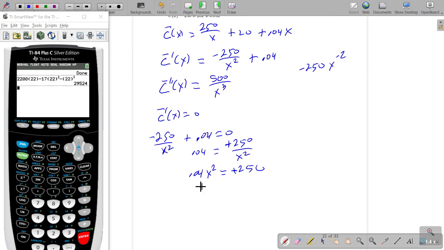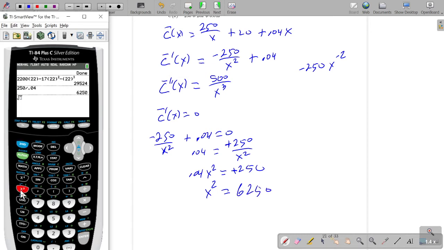And dividing by 0.04, that'd be 250 divided by 0.04, 6250.